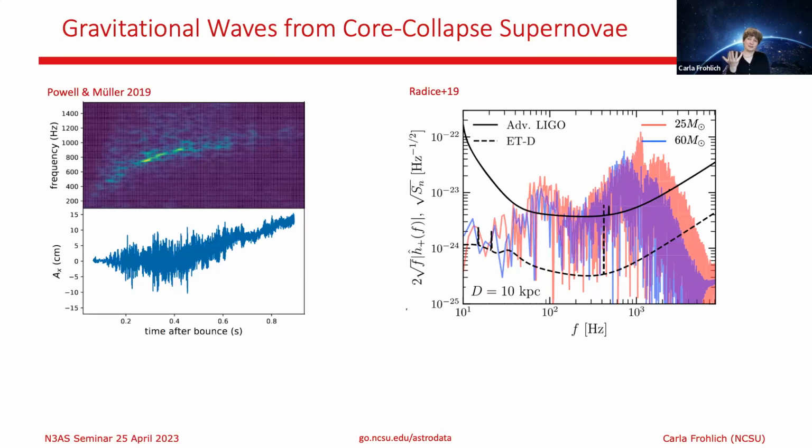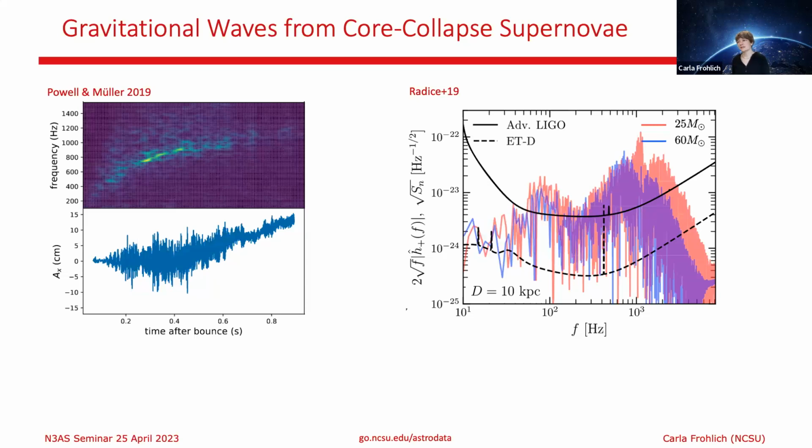I'm showing this on the left as an example. The plot on the left has a spectrogram at the top and the strain as a function of time at the bottom. You need multidimensional simulations to get the strain of these gravitational waves.